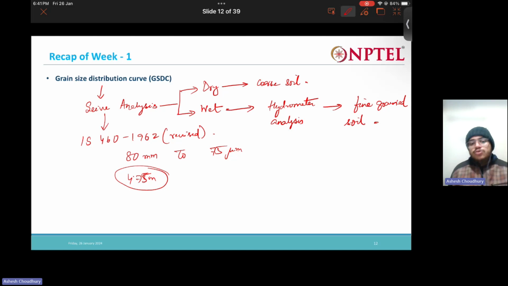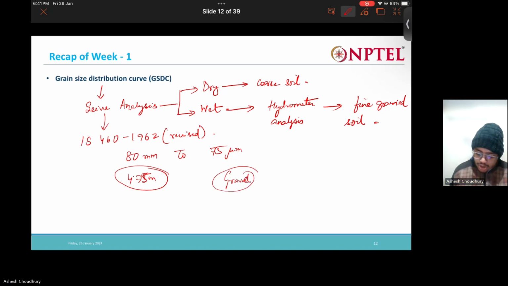First we sieve through 4.75 mm. The fraction retained on the 4.75 sieve, that is, soil particles whose size is greater than 4.75 mm, is known as the gravel fraction.